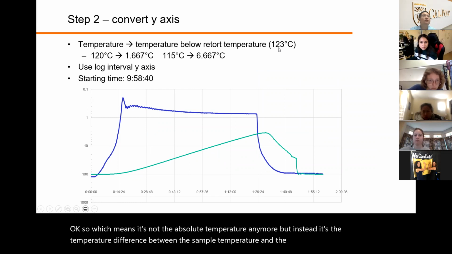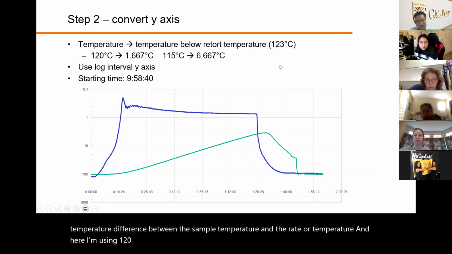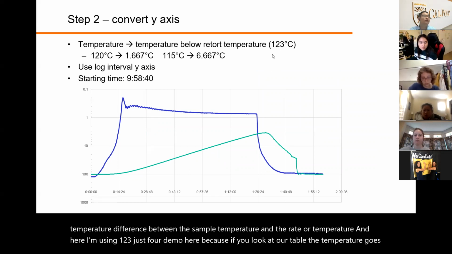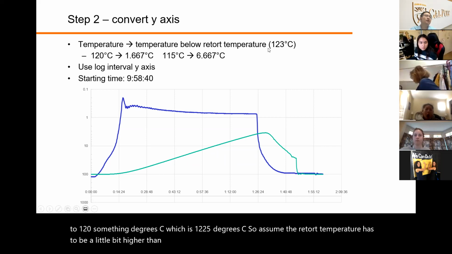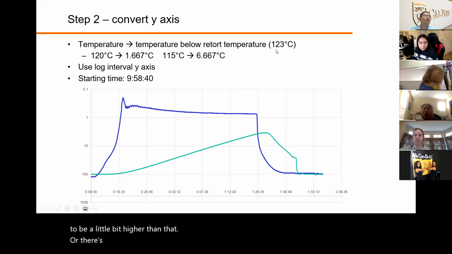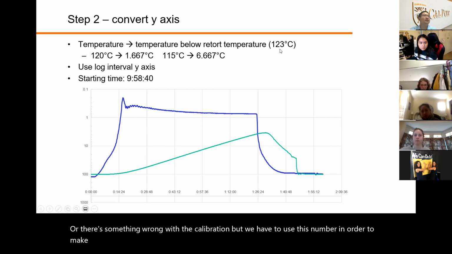And here I'm using 123 just for demo, because if you look at our table, the temperature goes to 122.5 degrees C. So assume the retort temperature has to be a little higher than that, or there's something wrong with the calibration, but we have to use this number to make the calculation make sense, right?